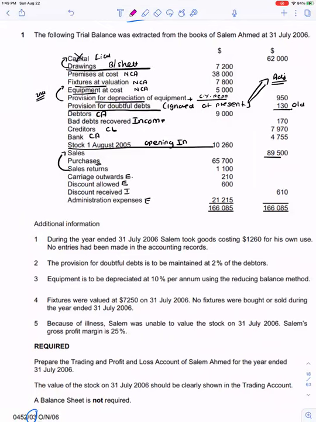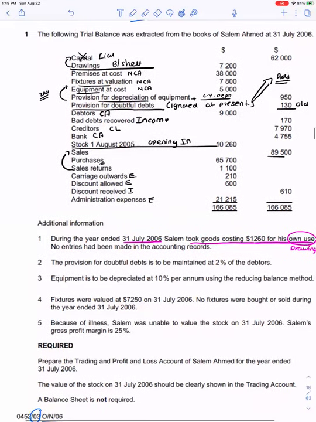During the year ended 31st July, Salim took goods costing 1260 for own use. Own use is drawings. The drawings in the trial balance has only one effect and it is adjusted in capital.